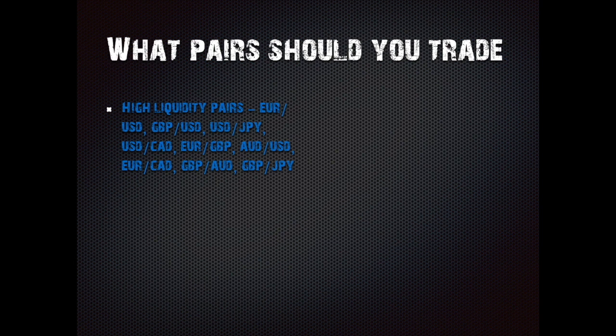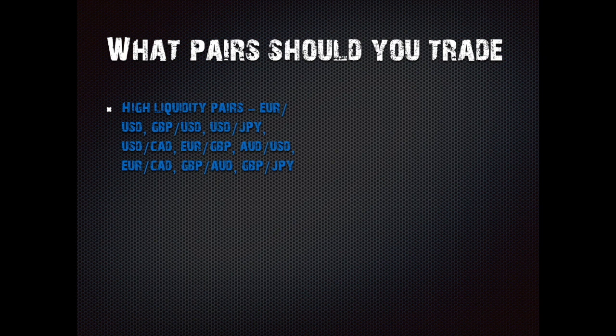These are just some of the pairs that I found that do move, and have very high liquidity. Euro USD, Pound USD, USD JPY, USD CAD, Euro Pound, AUD USD, Euro CAD, Pound AUD, and Pound JPY.